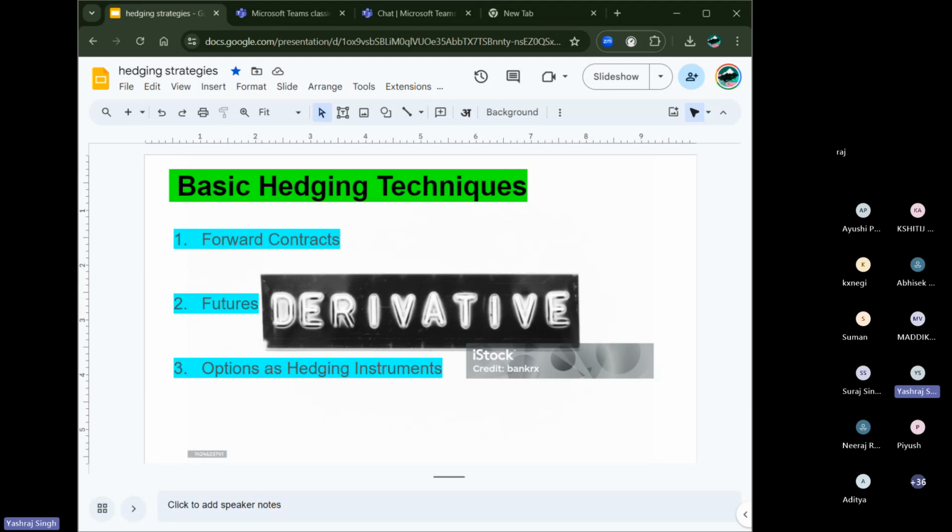To lock a price by paying a minimal amount of money, and it's about the buyer. Whether he chooses to exercise it or not is up to him. Because let's say you had agreed that you'll be buying something at 3,000 rupees, this much quantity, and if you are not getting benefited out of it, you can choose to refuse to exercise that particular instrument, right?